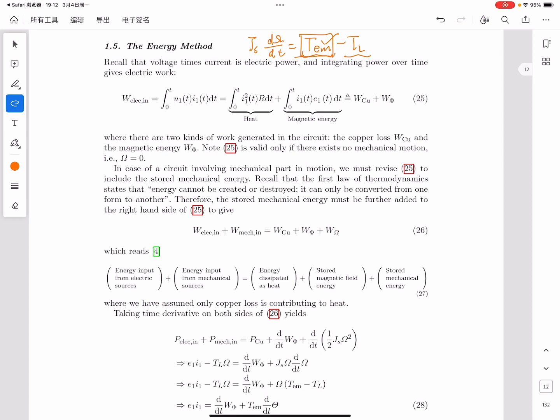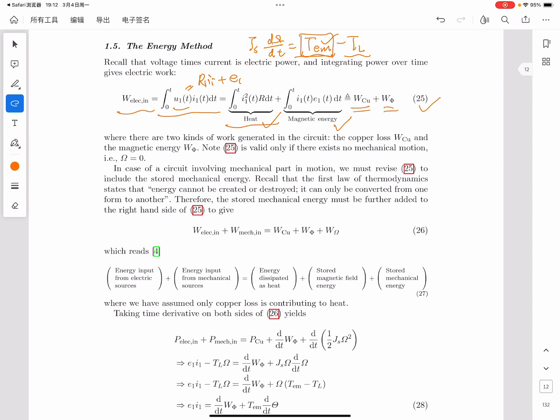To see that, we need to first calculate the electrical power applied into the circuit, which is simply the time integral of the product of U1 and I1. So we plug in the equation for U1, which is R1 I1 plus E1. The resulting energies are heat and magnetic energy. We denote them as W copper and W phi.